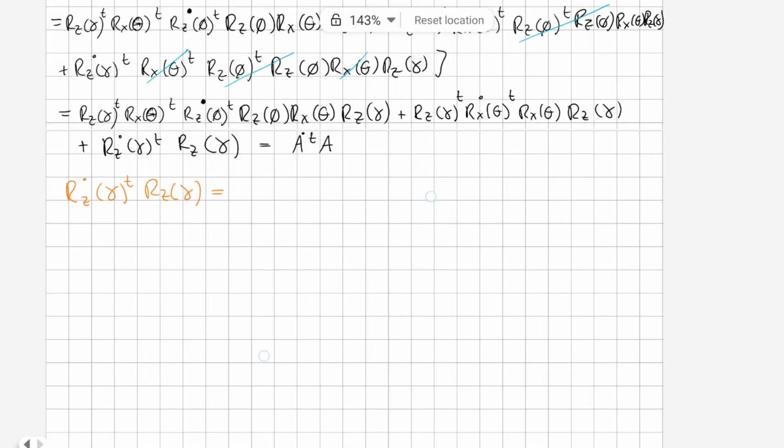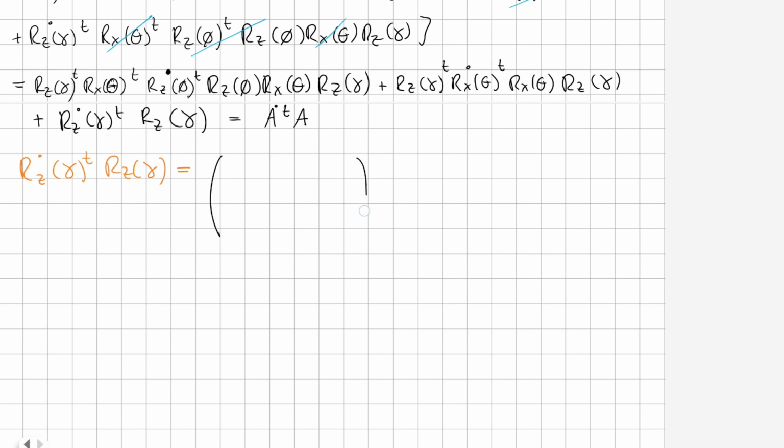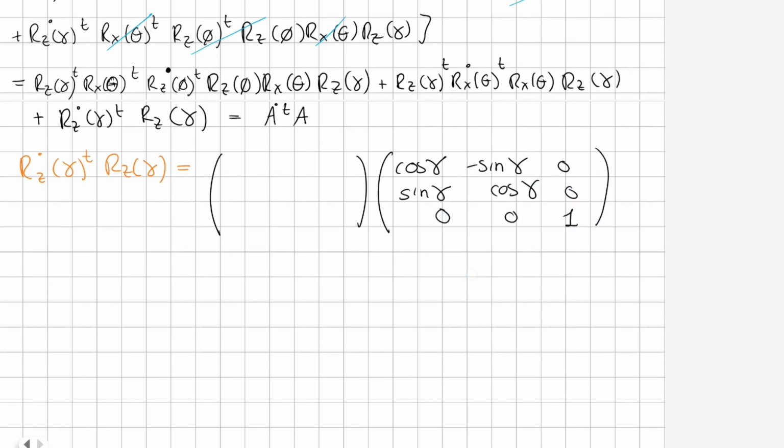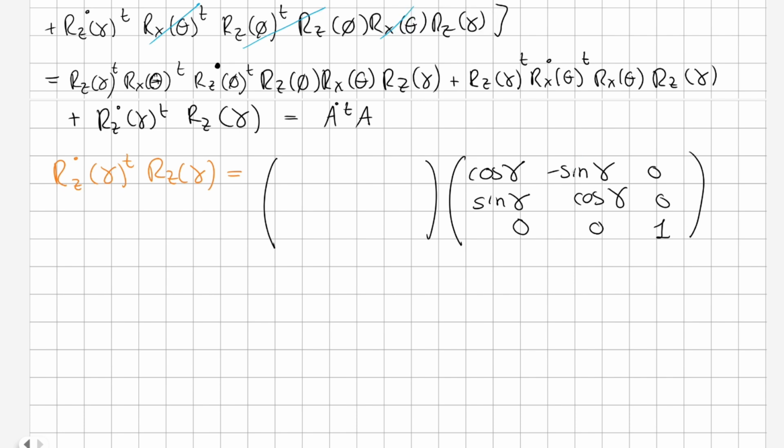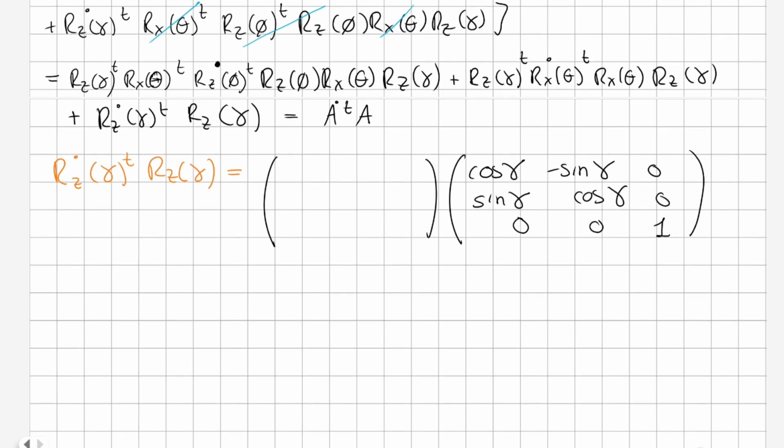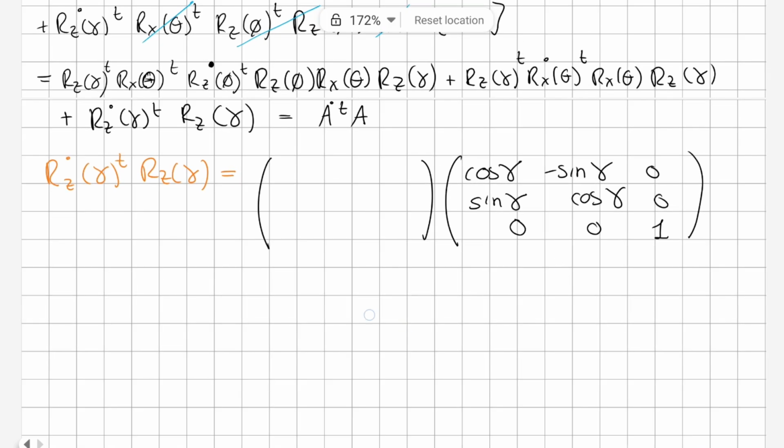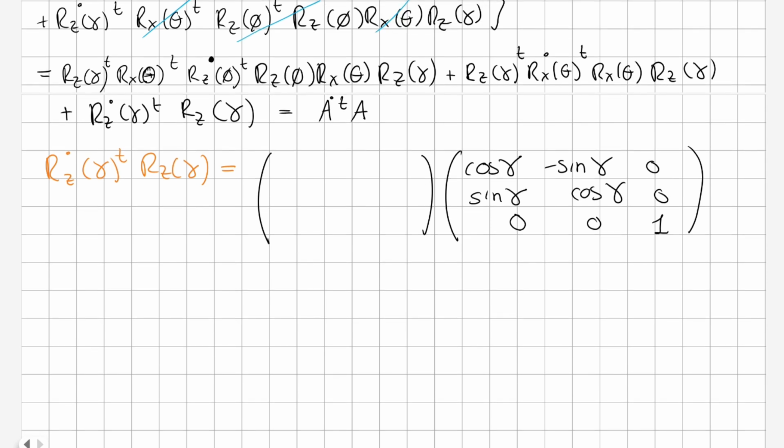Here we are going to have some matrix, which is the derivative and the transpose, times Rz gamma, that we know is cosine of gamma, minus sine of gamma, 0, sine gamma, cosine gamma, 0, 0, 0, 1. Here we need to take the derivative first and then take the transpose. So let's do it in one step.